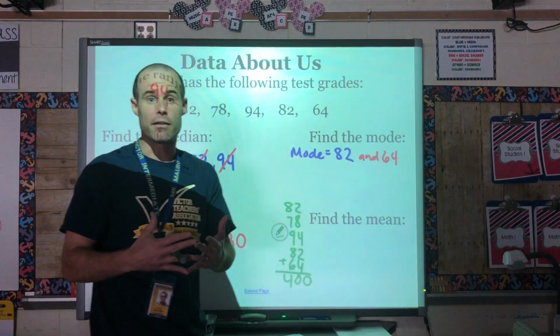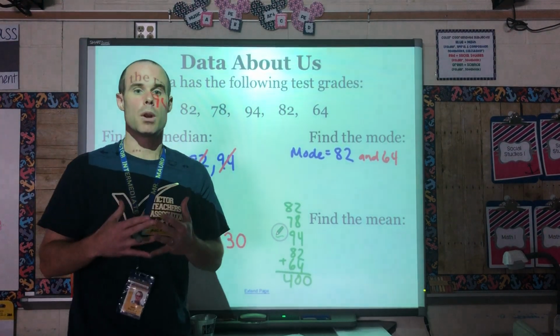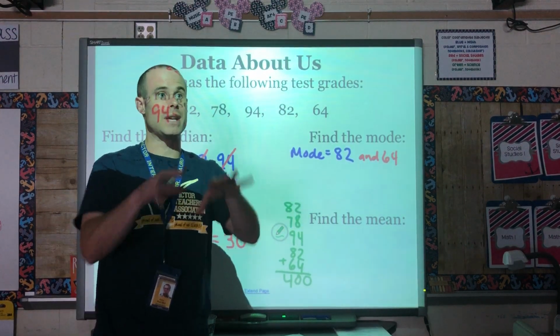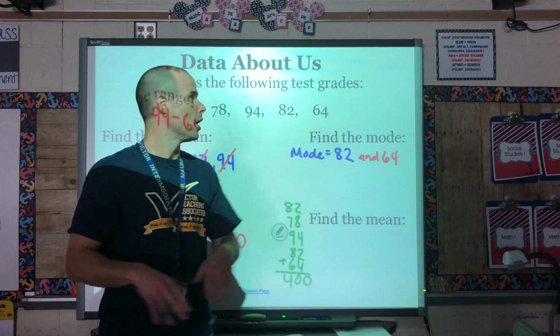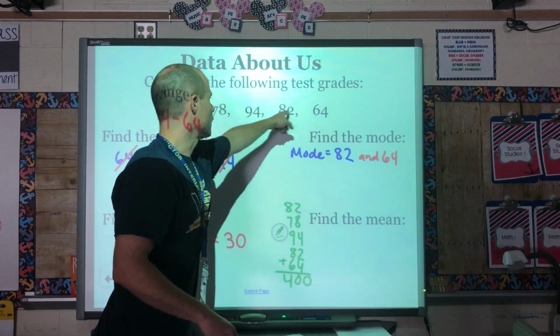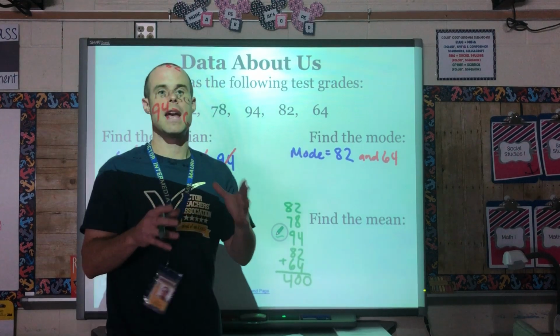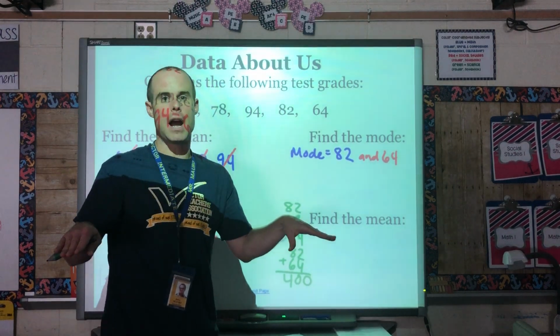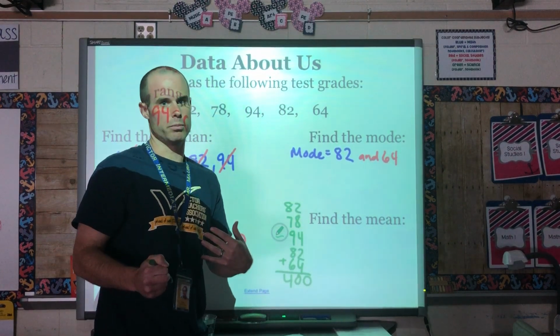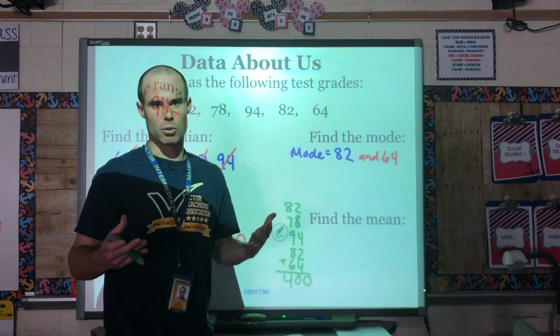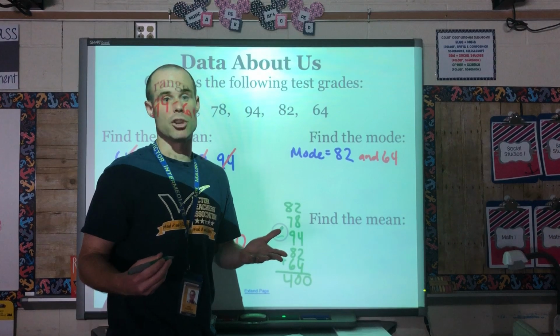Now to find the average or the mean, we want to break them into equal groups, just like we evened out our stacks. We have 5 different test scores. So I want to take this 400 total points and even it out into 5 equal groups. When we take an amount and break it into equal size groups, we're really using division.